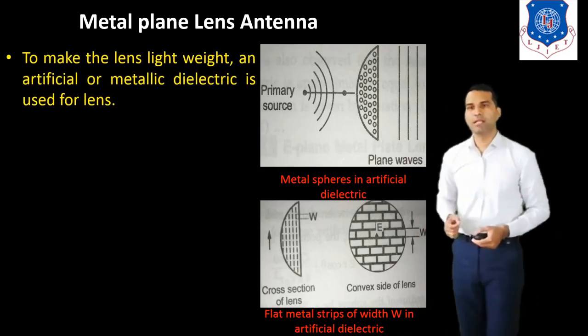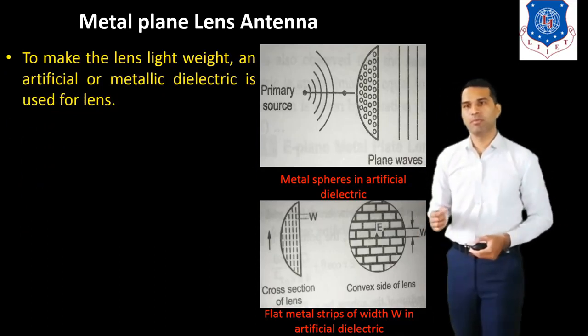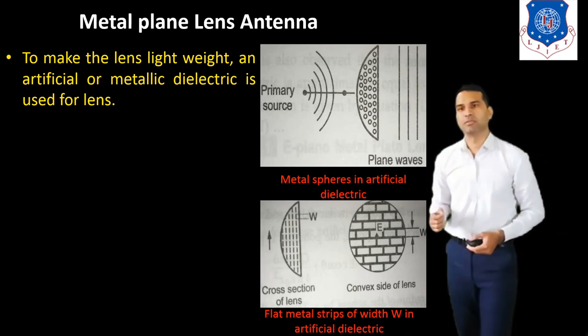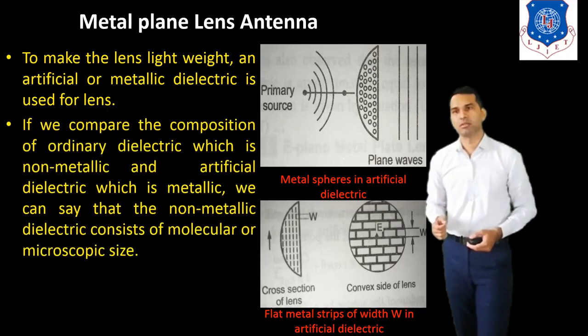To make the lens lightweight, an artificial or metallic dielectric is used for the lens.